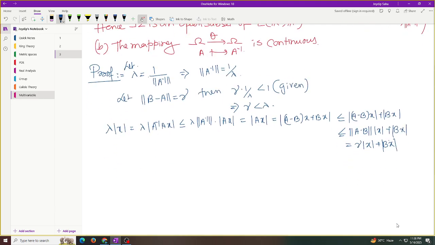Okay, this implies lambda minus gamma is positive.